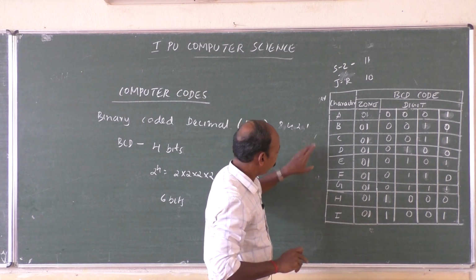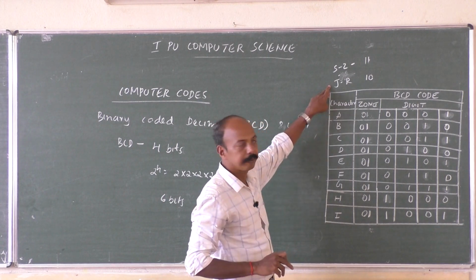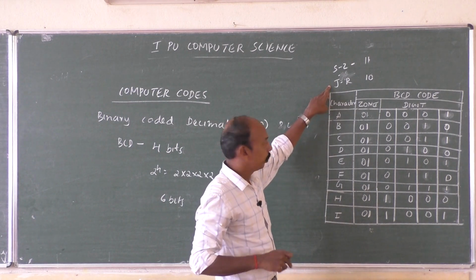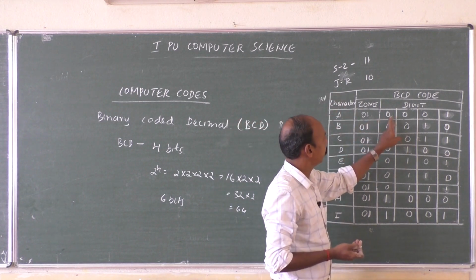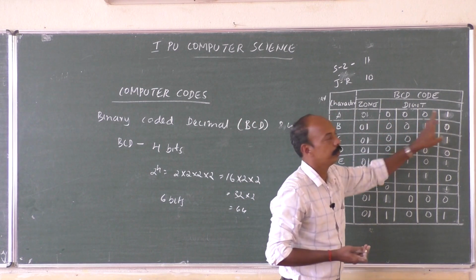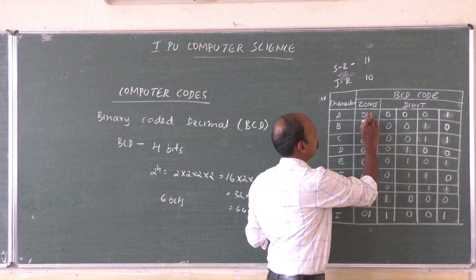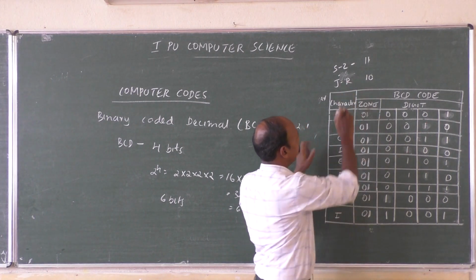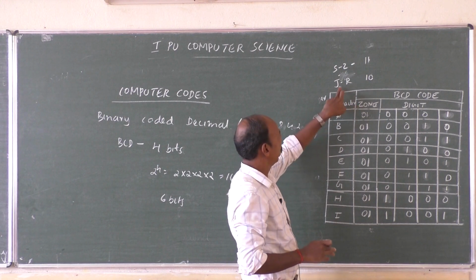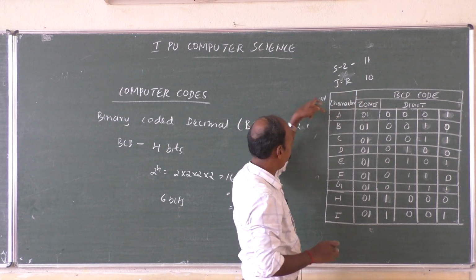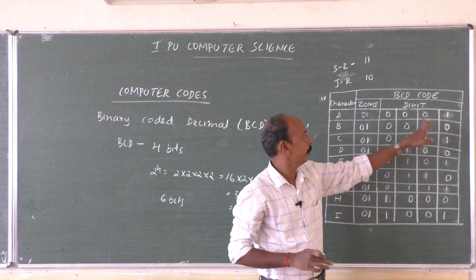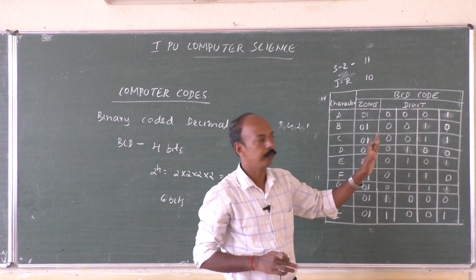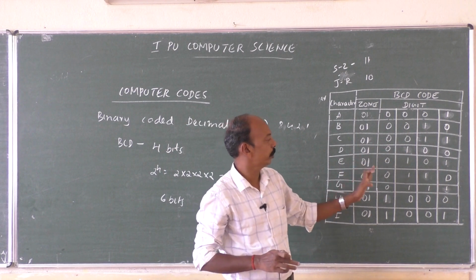Next, after I it comes J. To represent J, again the same digit 0 0 0 1 will be used, with a change in the zone, from J to R. Now from A to I we have written it. It's easy: 0 0 0 1, 0 0 1 0, 0 0 1 1, 0 1 0 0, 0 1 0 1.